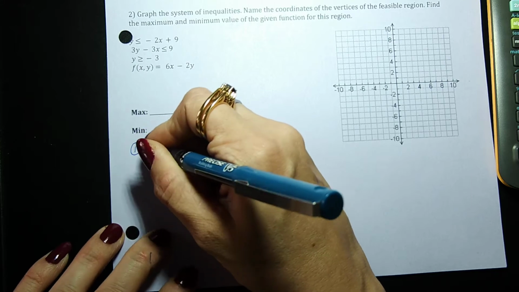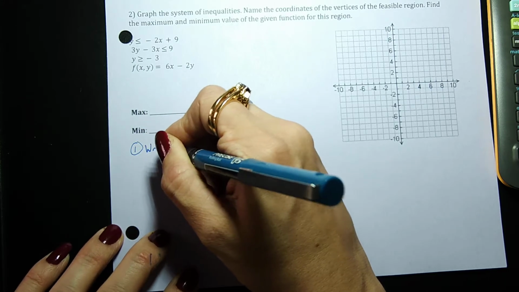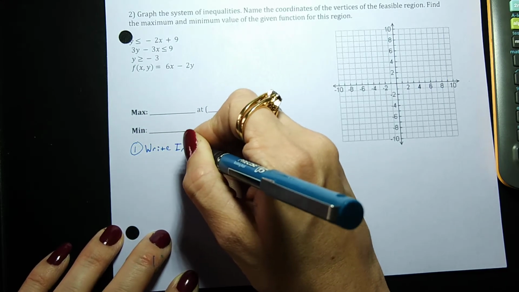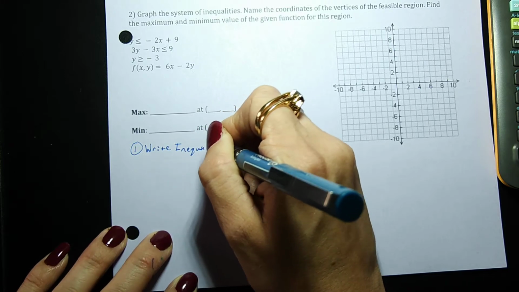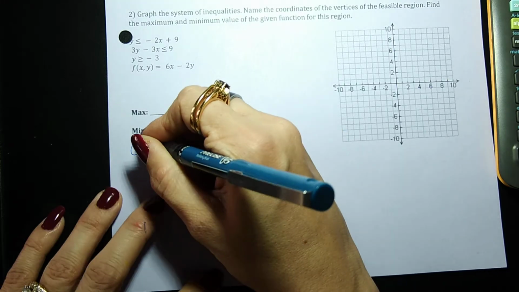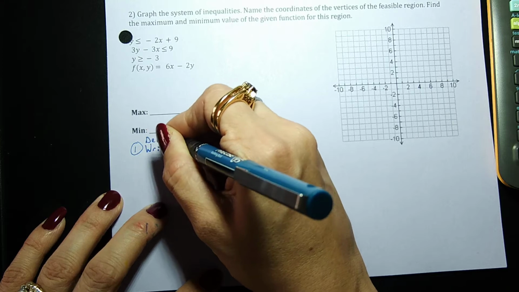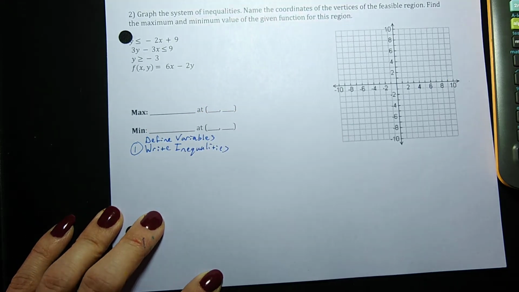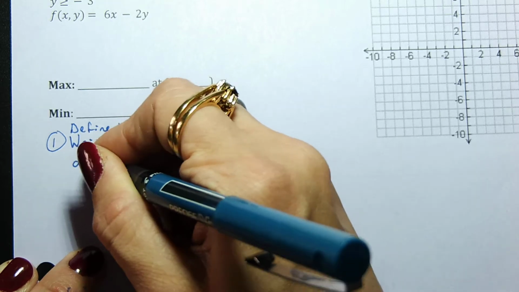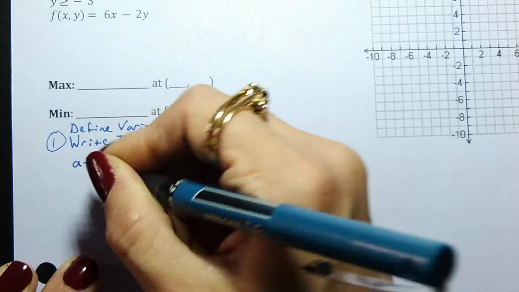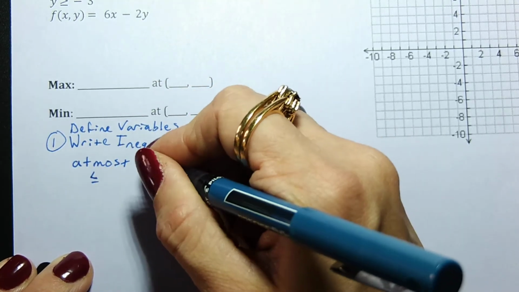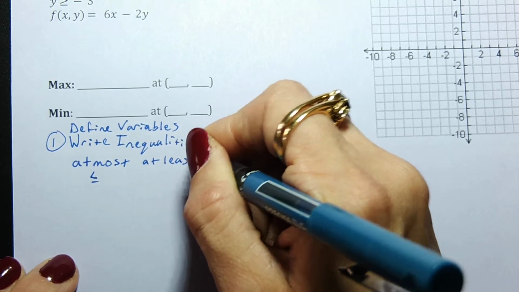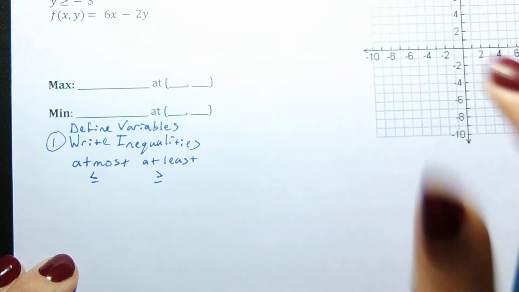So step 1 is going to be writing the inequalities. Also defining your variables. So define variables and write the inequalities. Remembering that at most is a phrase that means less than or equal to, and at least means greater than or equal to.